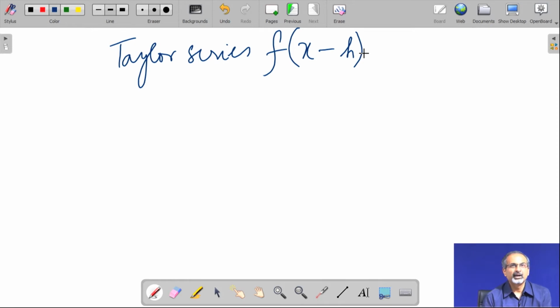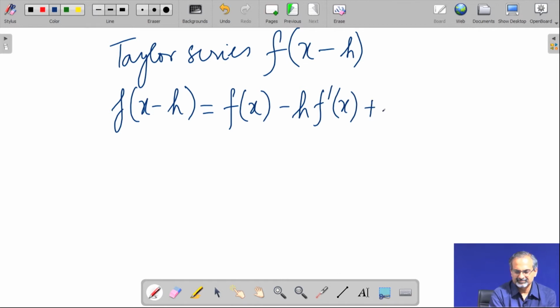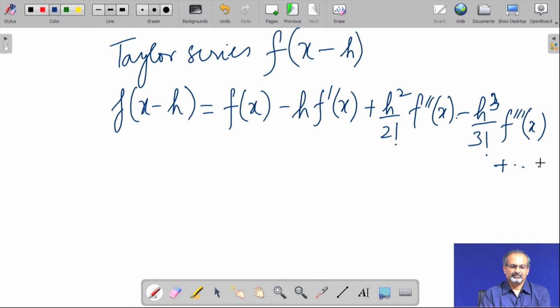f of x minus h as well. Remember that here, because you have a negative sign here, there would be terms with alternate negative and positive signs in the Taylor series expansion.